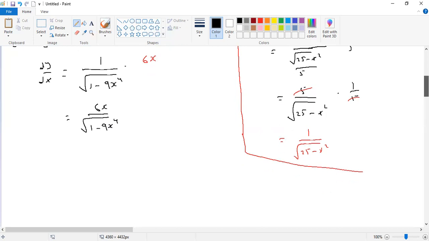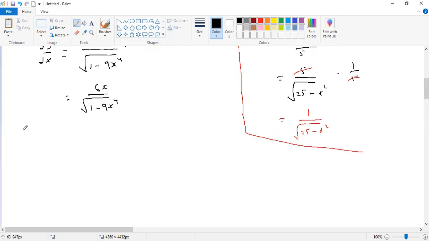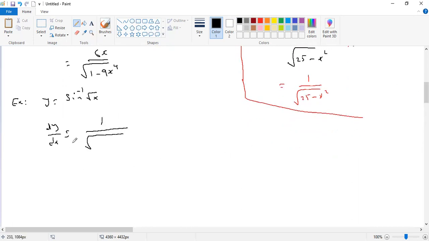Now, another example: y equal to sine inverse of the square root of x. What is the derivative? dy/dx is equal to 1 over the square root of 1 minus (square root of x) squared. Why? Because you have 1 minus u squared, and this is the u.